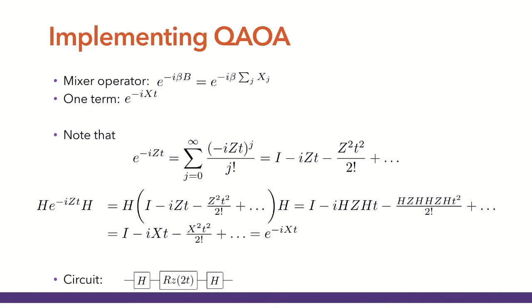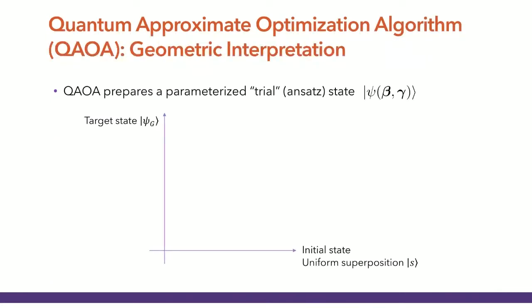Okay, so we can compile the QAOA ansatz into gates. Now, finally, let me say a few words about the intuition you may have for this method. You can think of the initial state, the uniform superposition, as some vector in the n-dimensional Hilbert space. And we have our target state, which is the highest energy eigenstate, for example in a maximization problem, as some other vector.